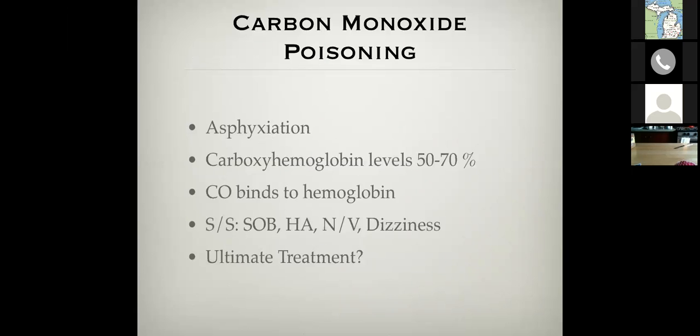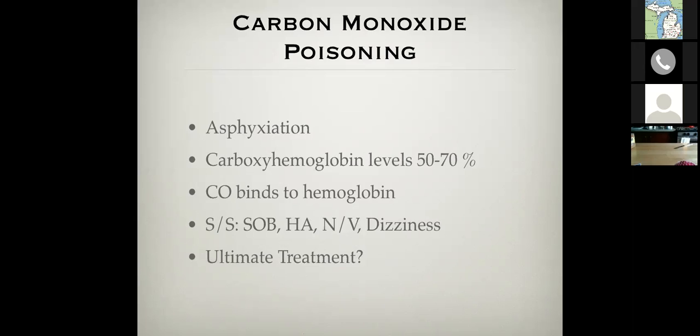Next, we'll dig right into carbon monoxide poisoning. Ultimately with carbon monoxide poisoning, your body becomes asphyxiated from oxygen. With carboxyhemoglobin levels, we start to see some damage anywhere from 50 to 70%.